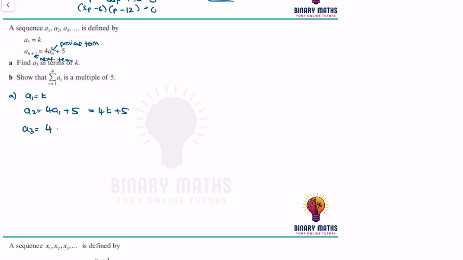A3 is equal to 4 times A2 plus 5, which is equal to 4 times 4K plus 5, plus 5, which is equal to 16K plus 20 plus 5, which is equal to 16K plus 25.